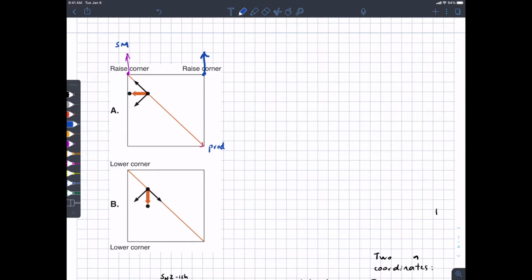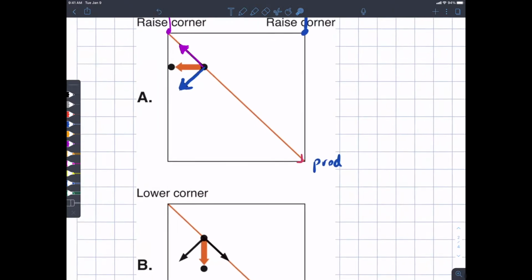Well, raising the energy of the starting material is going to have a Hammond effect where the transition state moves earlier. Raising this corner is going to have the marble rolling on a sheet effect where the transition state's going to want to move perpendicular to the reaction coordinate. And actually, the overall movement of the transition state is just like vector sum addition, moves this way and this way, so the overall effect is to move the transition state here.